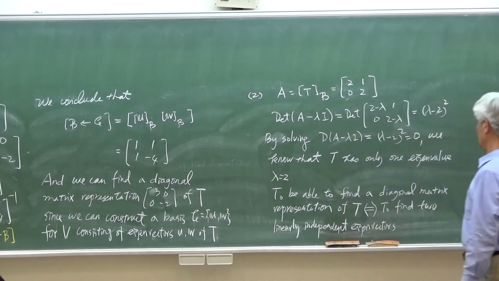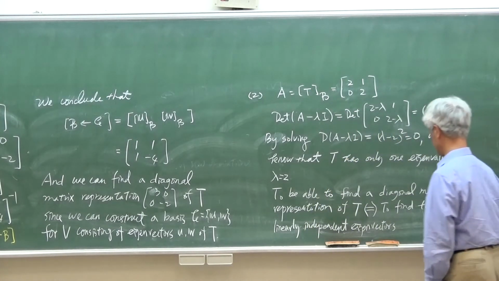Okay? To find 2 linearly independent eigenvectors.